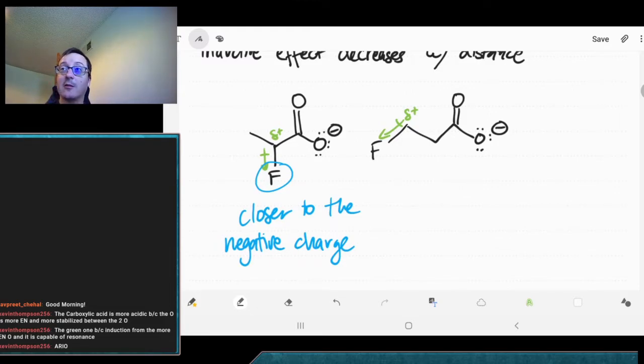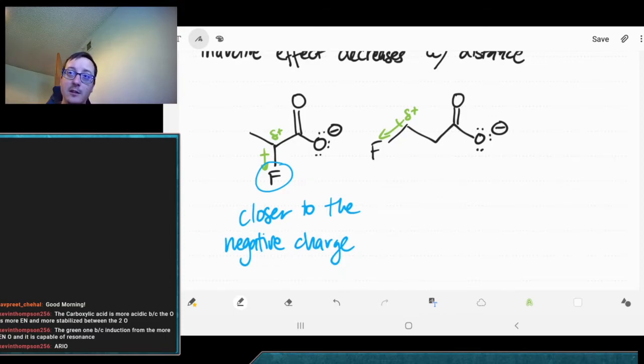We're going to see here we have that positive charge, partial positive, is closer to the negative charge on the oxygen in the left molecule. In the right molecule, the fluorine is a little bit farther away. It's one carbon farther.